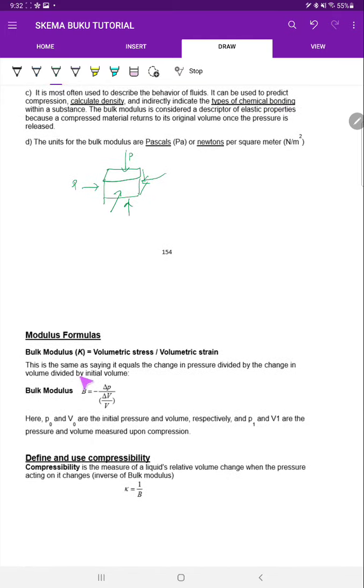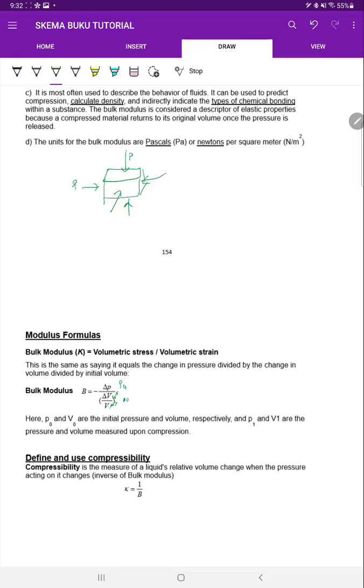Okay, bulk modulus is said as the change in the pressure divided by change in the volume divided by initial volume. Okay, so bulk modulus sama dengan negative pressure per change in volume, delta V per V. Okay, kat sini ini adalah unit Pascal. Delta V per V, M kuasa 3 per M kuasa 3.